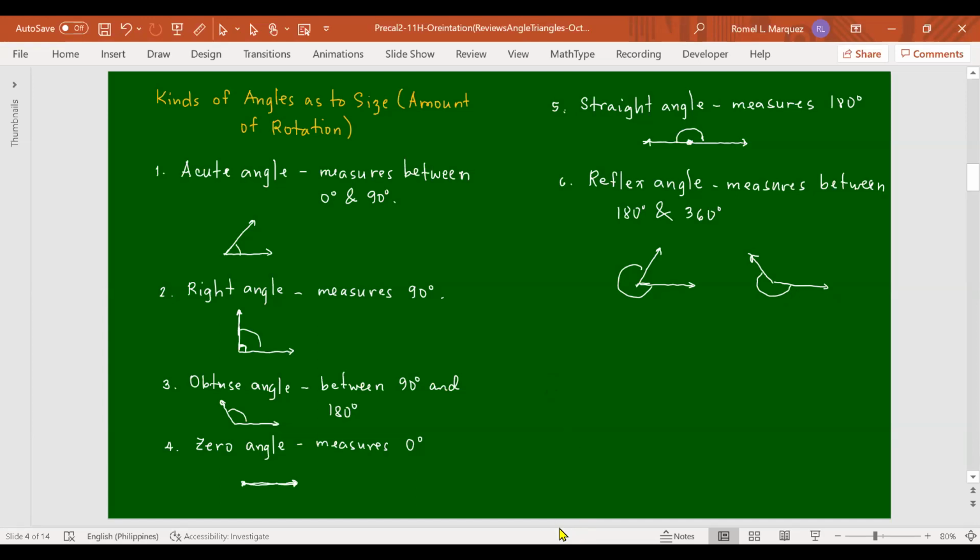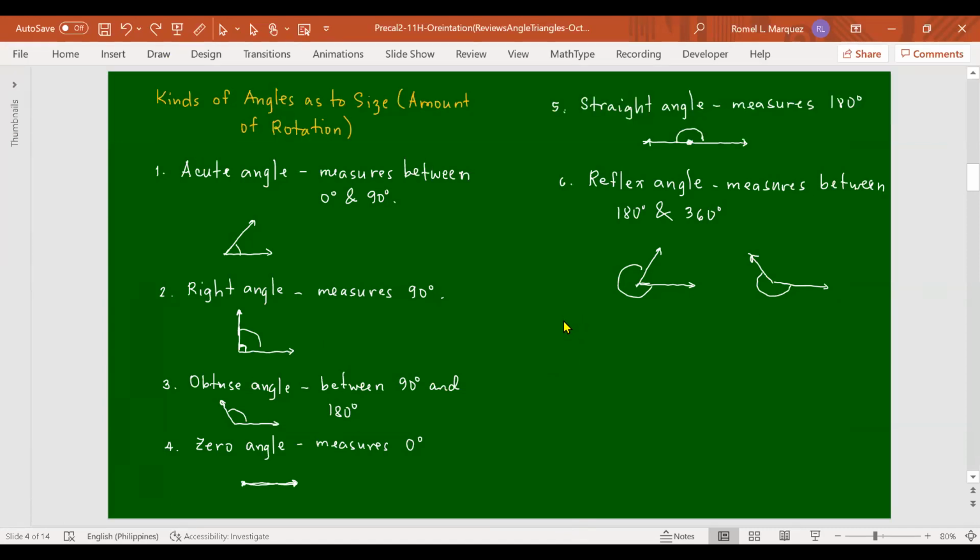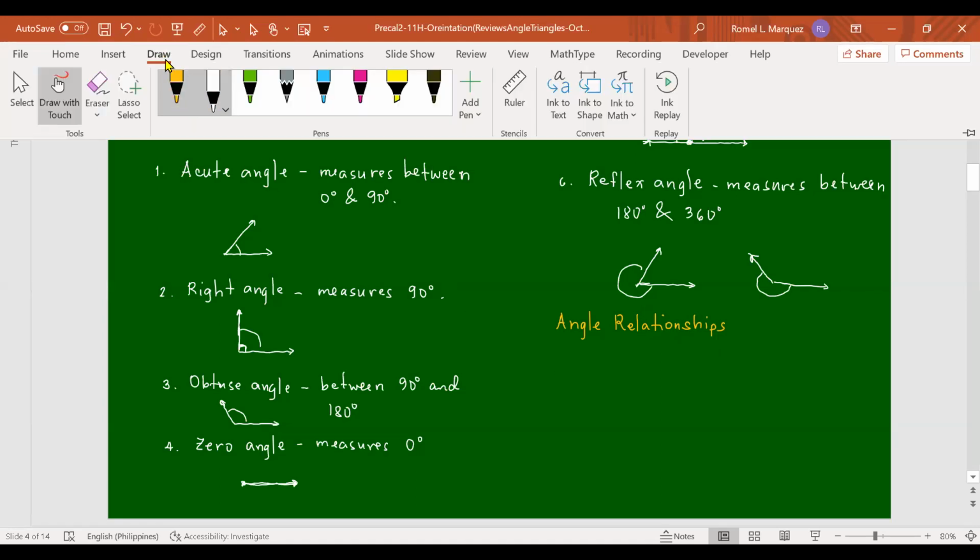We can also classify angles as to what? Kinds of angles as to relationships. So angle relationships. What are they? Guys, what's the first one?